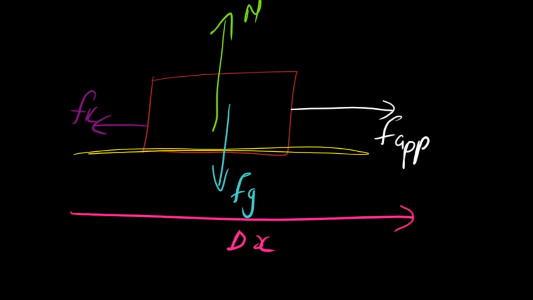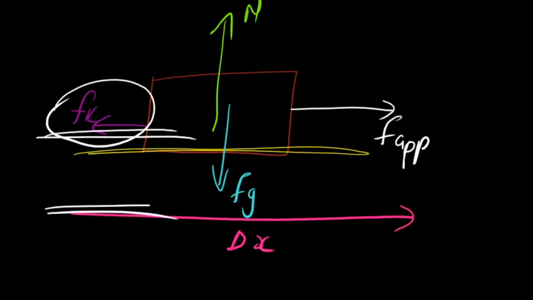So between all these forces, which one does work on the object? Now we said in order for a force to do work on the object, it must be parallel to the displacement. Now we look at kinetic friction. We can see that kinetic friction is parallel to the displacement. So kinetic friction is one of those forces which does work on the object.